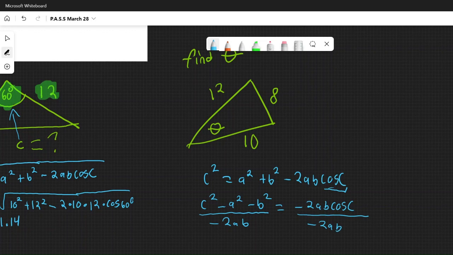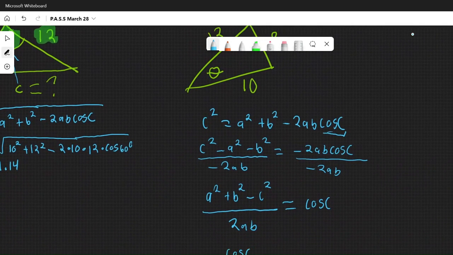So that'll give us a squared plus b squared minus c squared over 2ab. So I just divided those negatives out and flipped the signs and reordered it a bit. Now that equals cos of c.